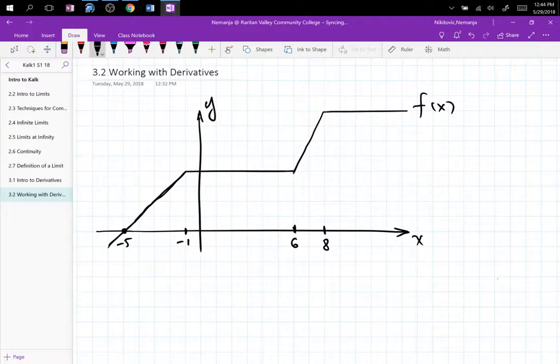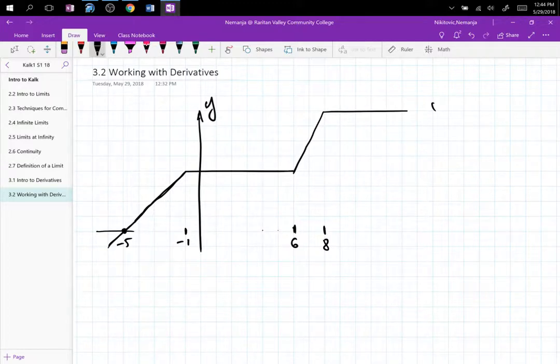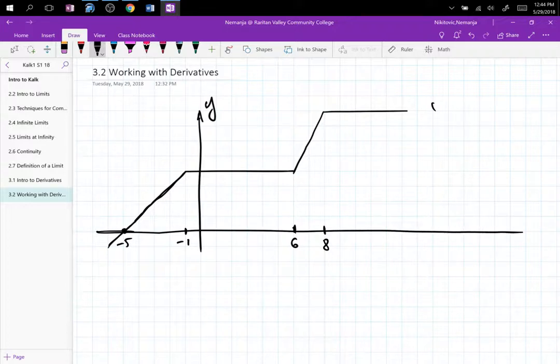Maybe I can add one more piece. So here, I'm not going to end, I'm going to extend this now. And I'm going to go down.